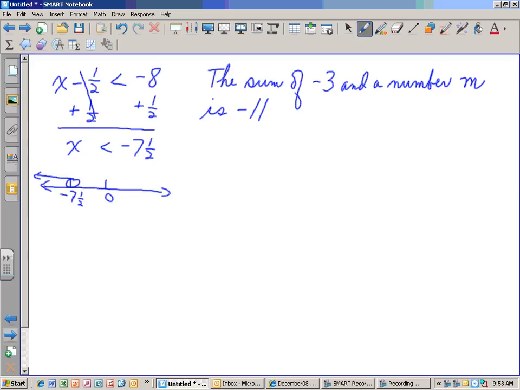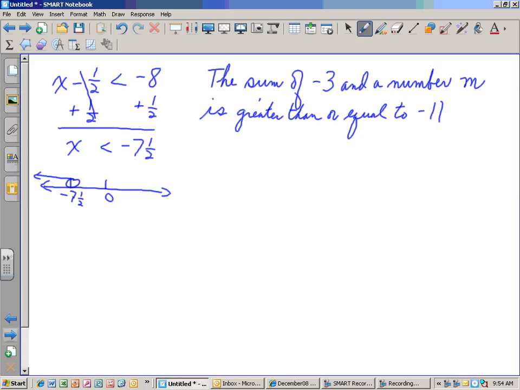Instead of is -11, let's make that is greater than or equal to -11. So the sum of -3 and a number m is greater than or equal to -11.